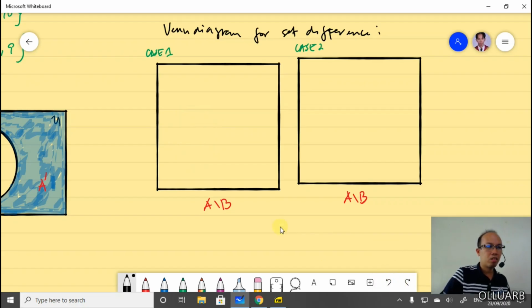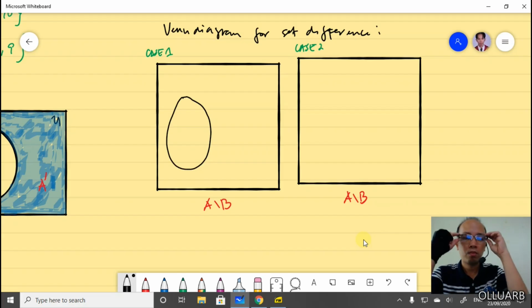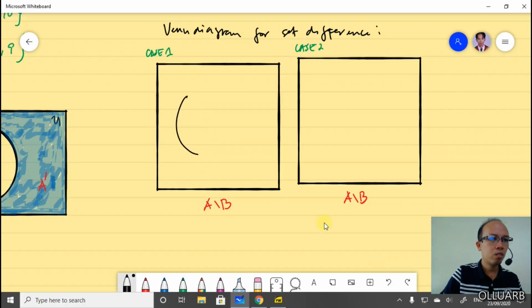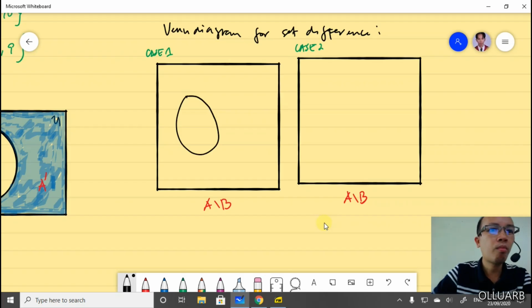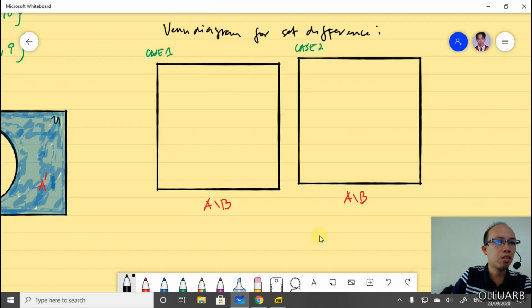This is not a perfect circle. Can we draw a circle outside?